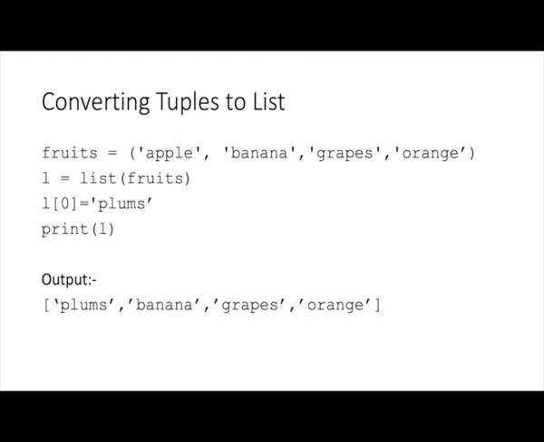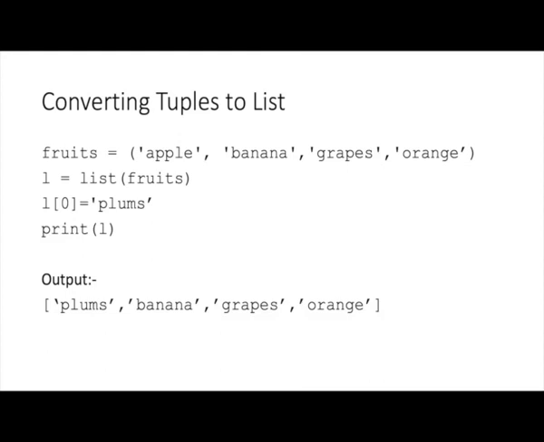Remember that fruits, which was a tuple, has now been converted to a list by the name L. Here I assign plums to replace the apple in the 0th index. I say L of 0 equal to plums and I try to print L.